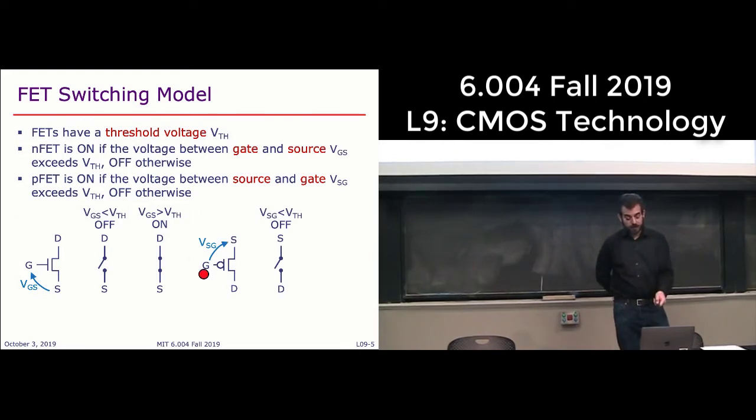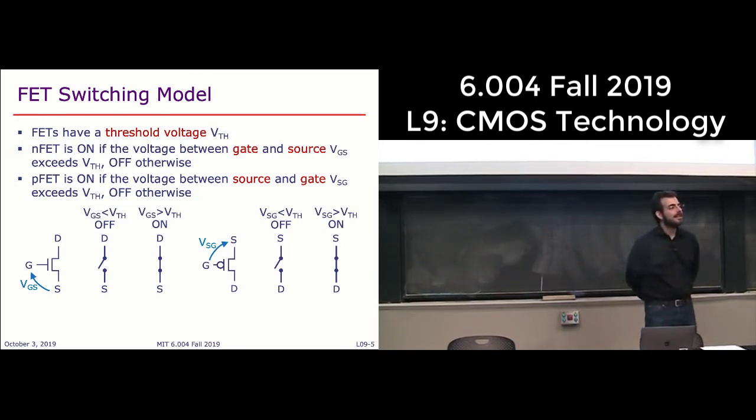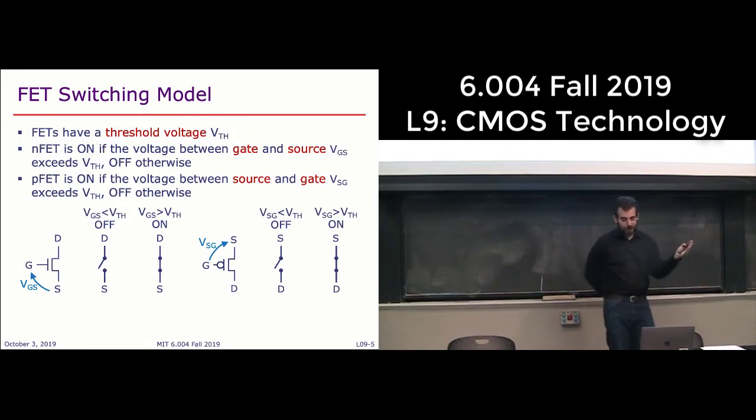So if there is a small voltage difference between these two terminals, then the transistor is off, otherwise it is on. This is a little bit more detailed than what we saw in the first slide, that a high voltage creates a conducting path here, and a low voltage creates a conducting path here. But you see that if you have a low voltage here and a high voltage here, then the voltage difference here is going to be pretty high, and so that is why you get a conducting path.